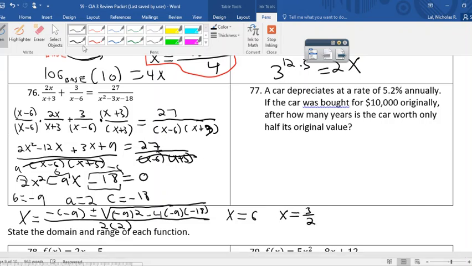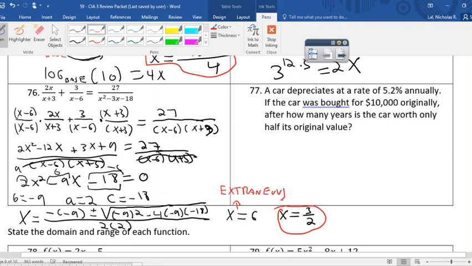But the answer is only going to be x equals 3/2 because x equals 6 is extraneous. The reason x equals 6 is extraneous is that if you plugged x equals 6 into this denominator right here, you'd be dividing by 0. You can't divide by 0. So x equals 6 is extraneous.